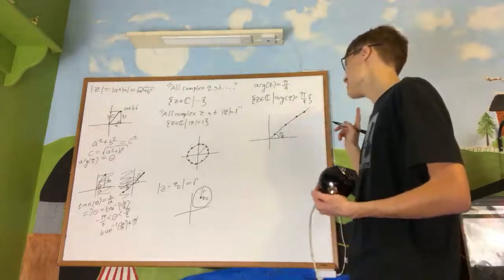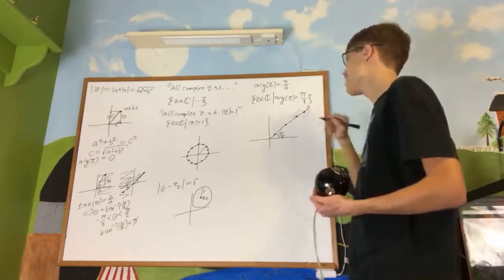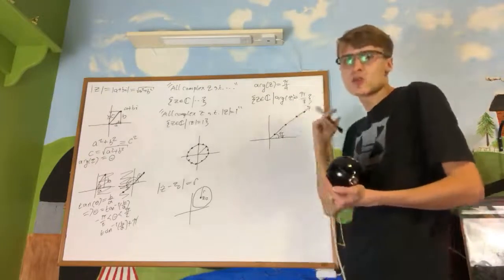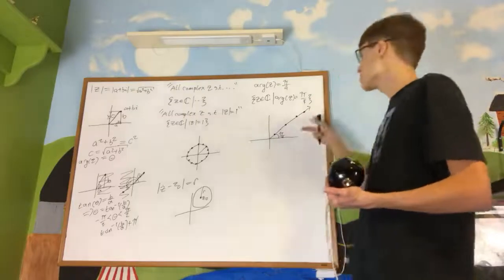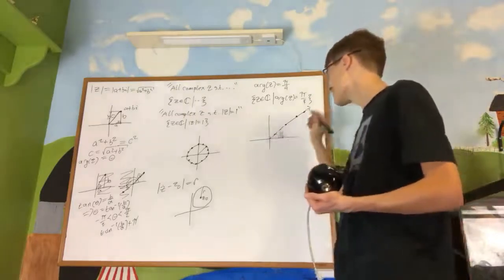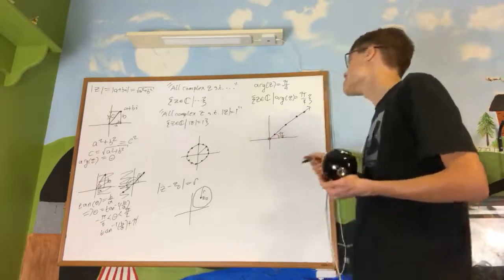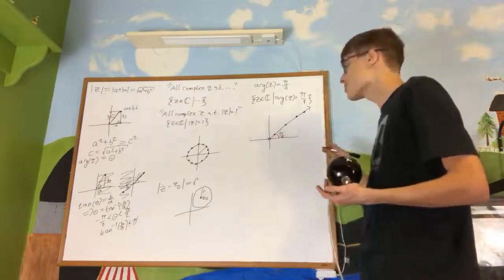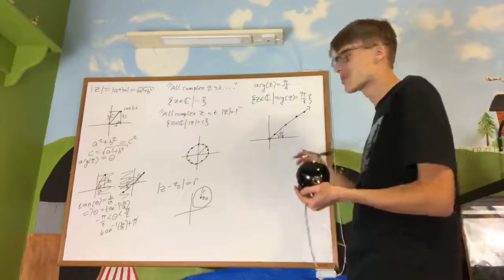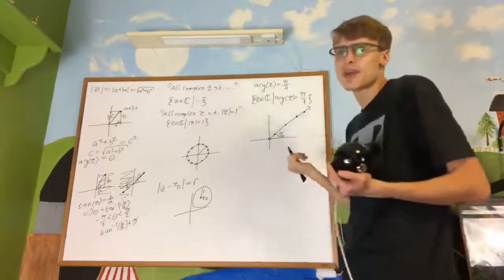But note that it's not a geometric line, it's actually a ray. It does not include the origin, because the origin doesn't have an argument: it's tangent inverse of 0 over 0, which you can't even take the limit of.